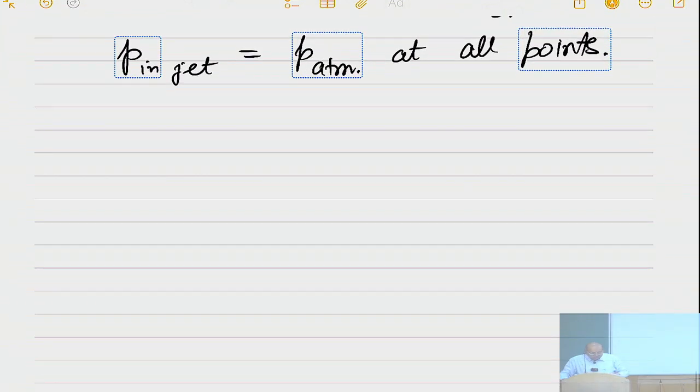So this was the momentum equation. Now, there are a couple of things.